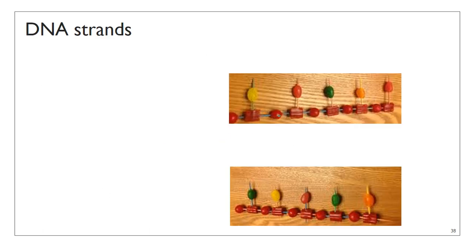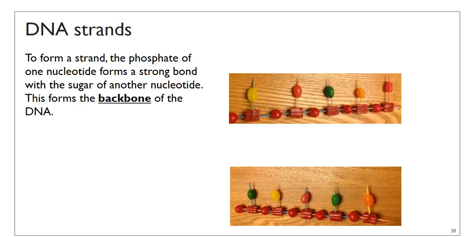The DNA strands, we've talked about this before, but to form a strand, I've reoriented the photos, but you can probably see that this is the sugar and this is the phosphate and this is the base. So this is one nucleotide.